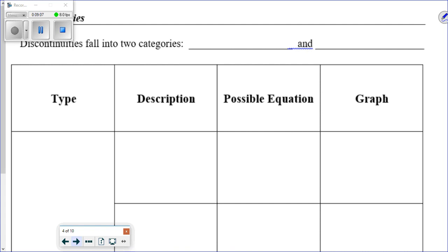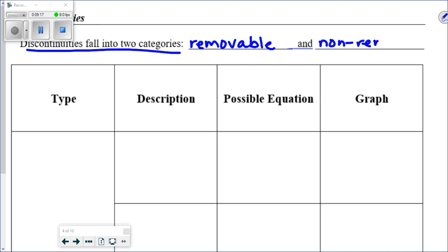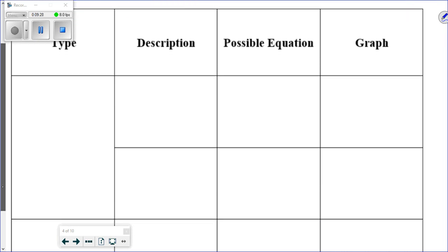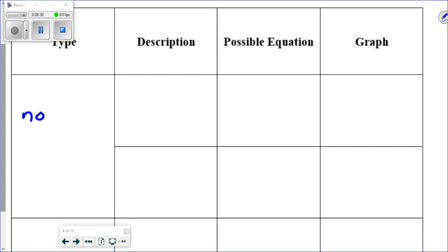But they fall into 2 categories. Your discontinuities fall into 2 categories: removable and non-removable. Okay, so we're going to look at the non-removable first, because there are 2 non-removable discontinuities.